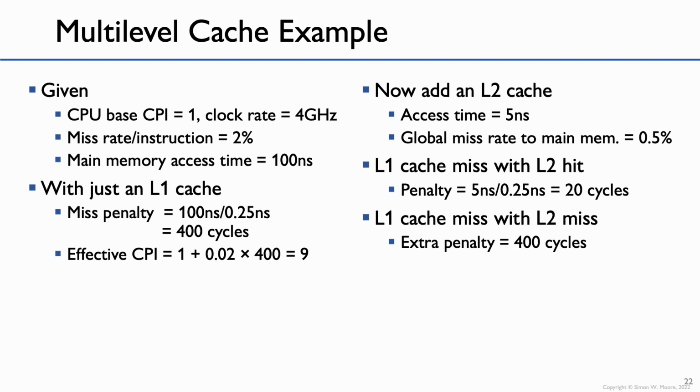And the L1 cache miss with an L2 miss is going to have that extra penalty of 400 cycles, as we've seen before. So if we then work this through, we get a CPI of 1, which is the L1 access time whether hit or miss, and then we've got a 2% chance of us getting the data in 20 clock cycles.